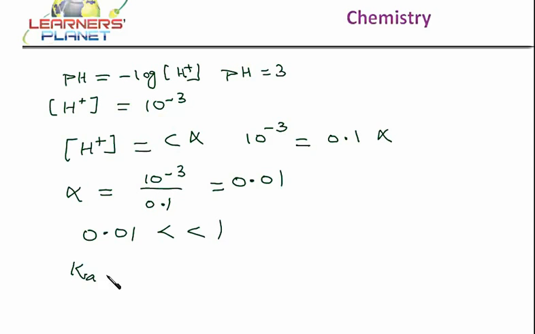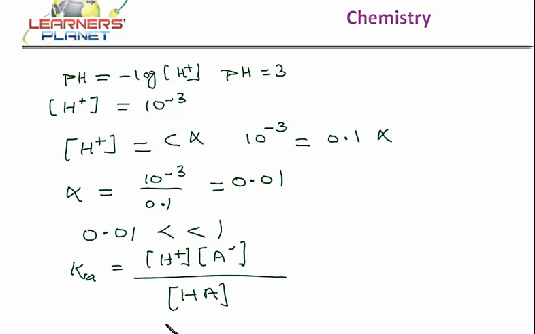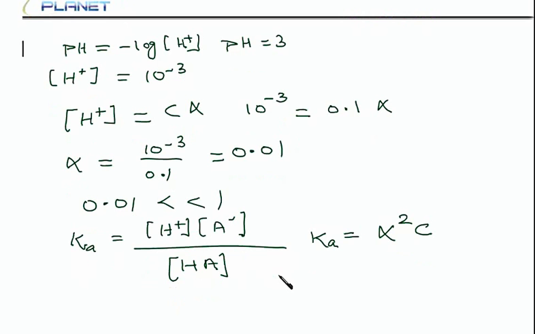What was the expression for Ka? It was H plus ion, A minus ion, which is formed after dissociation, and HA. The degree of dissociation is very, very small. So what can I write Ka as? Ka will be equal to alpha square C. This is C alpha into C alpha divided by 1 minus alpha into C. I don't want to go into the derivation, but I hope you know this.